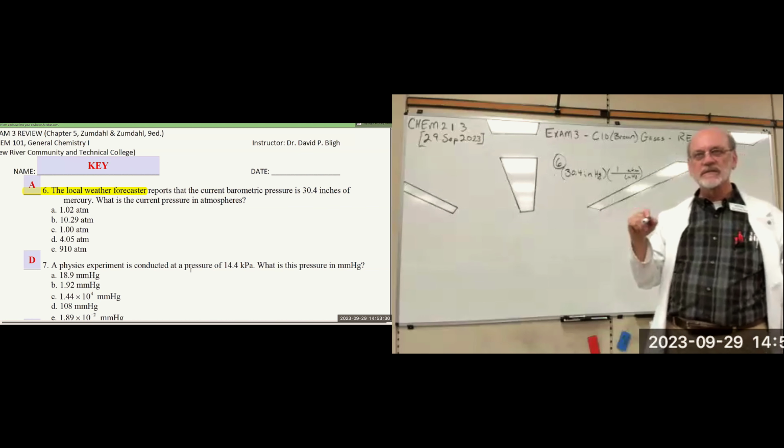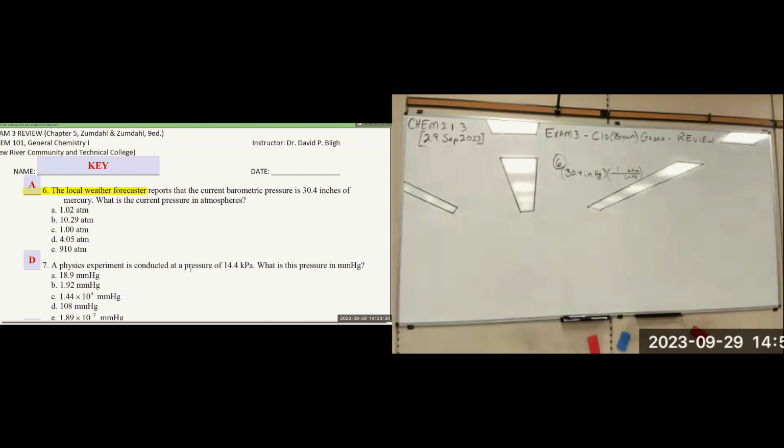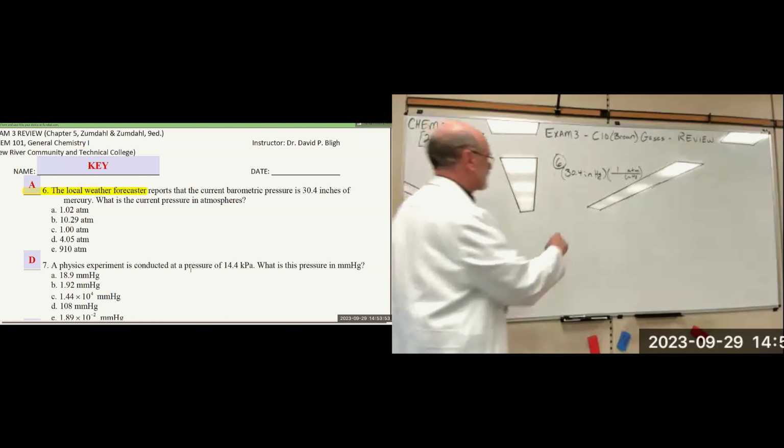You can look it up. Well, it should be in your review document. Right, yep. Look at the back, useful information. There it is, useful information. Inches to what? Yeah, one atmosphere equals 29.92 inches of mercury.